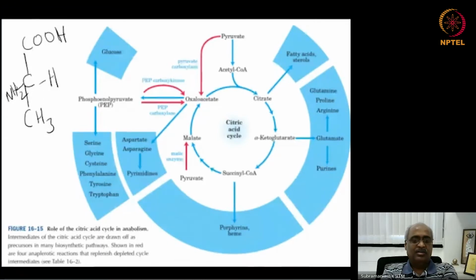So each one of these molecules, the intermediates, are in a constant flux. So as we just discussed, this alpha-ketoglutarate, if glutamate is required and if this is getting siphoned off from the TCA cycle, then this needs to be produced. Okay, so each one is connected to other pathways as well.